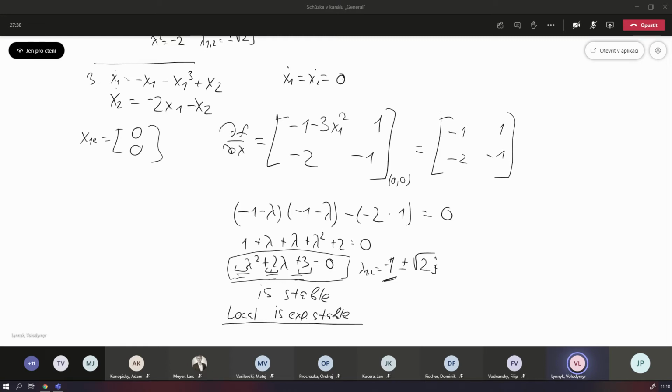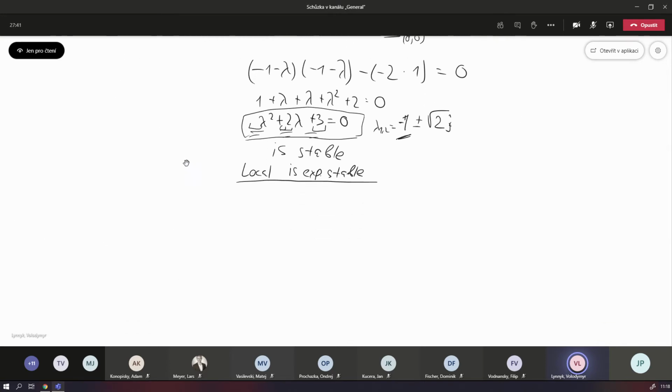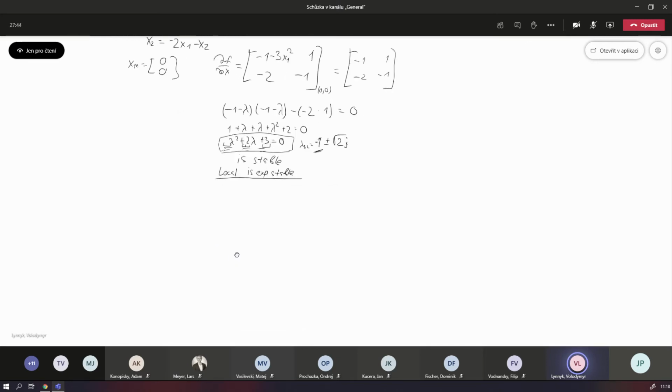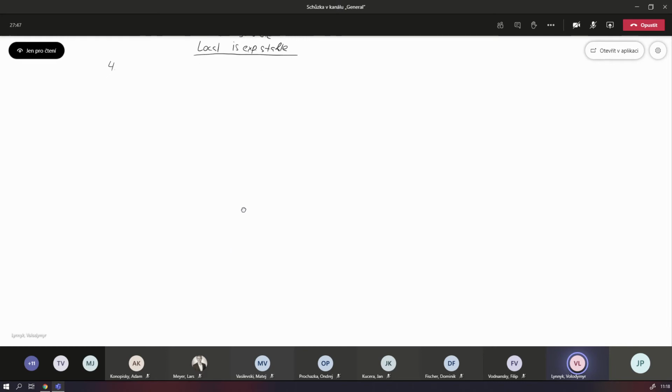Okay, and the last example from homework, this number 4. x1 dot equal to minus x1 cubed plus x2 cubed plus a x1, and x2 dot equal to x1 cubed minus x2.